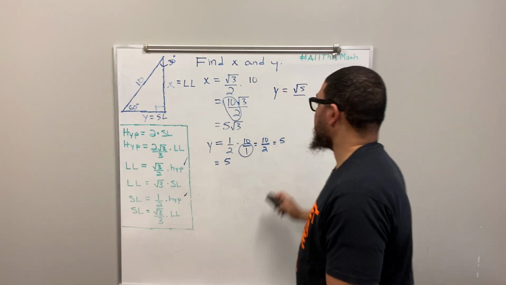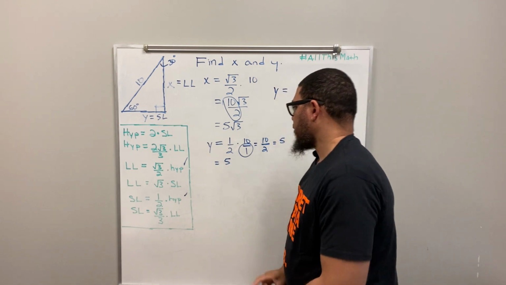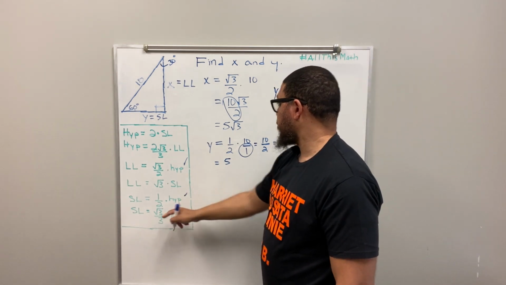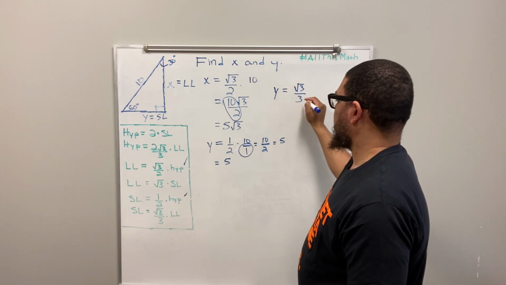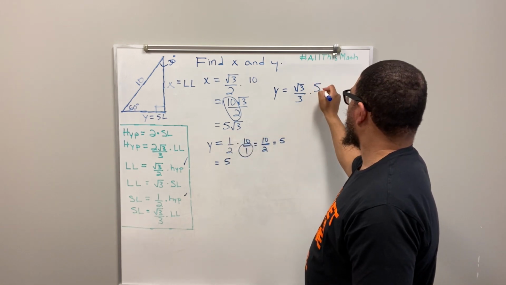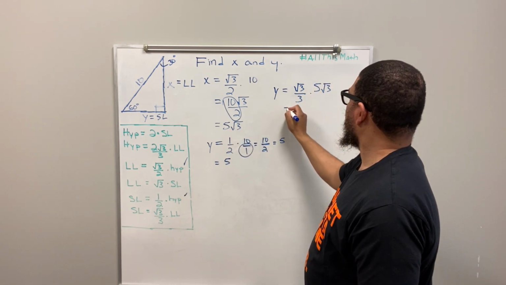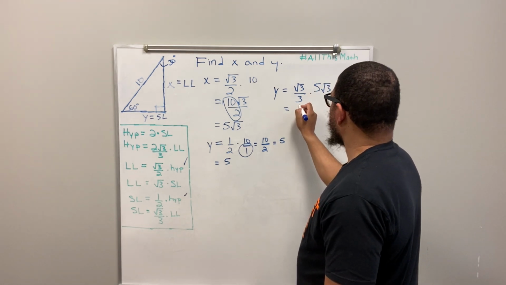Let me stay consistent with the formula. So the short leg is equal to root 3 over 3 times the long leg, which is 5 root 3. And so now we're going to do 5. There's a 5 right there.